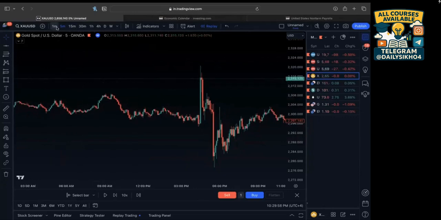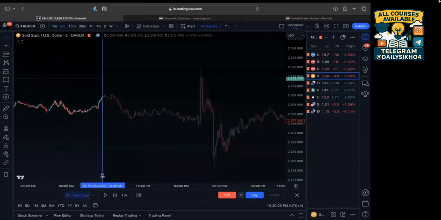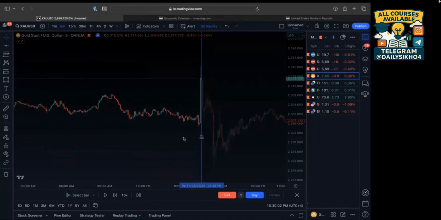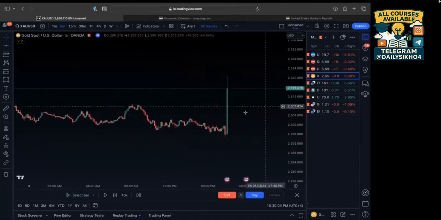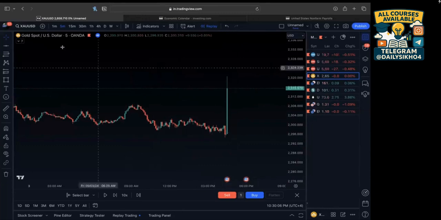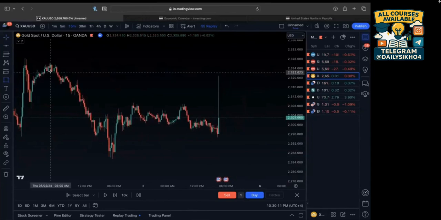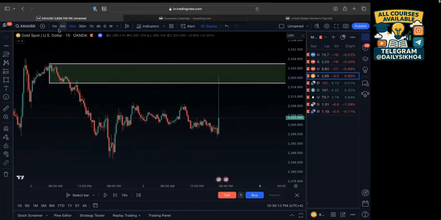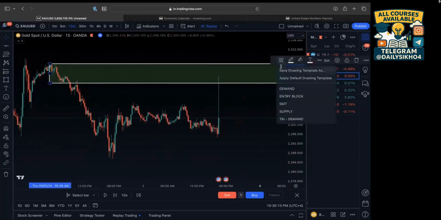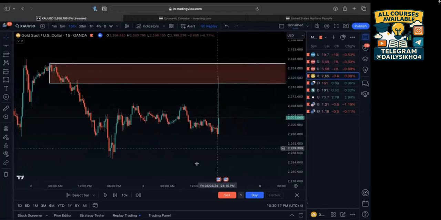So this can be a very important lesson for you, let's say you're somebody who doesn't want to take a risk at NFP. You don't want to go long or short before the news release. What you can do is mark out major zones of supply and demand and trade opposite of that particular zone after the NFP move.